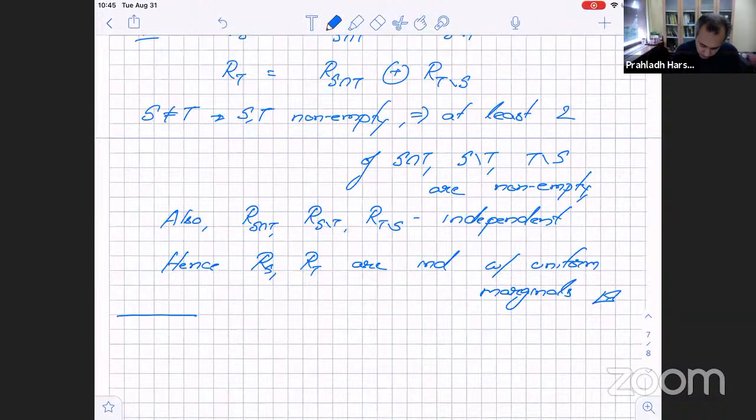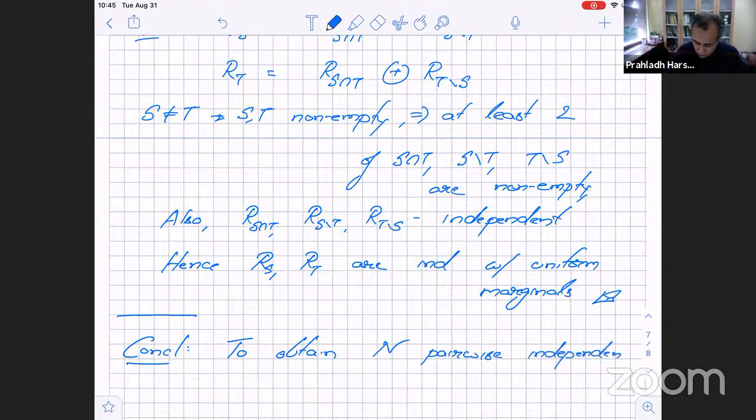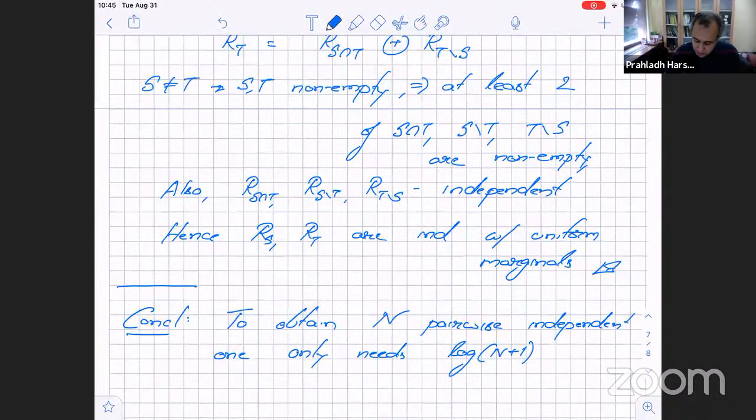In other words, the conclusion is that to obtain n pairwise independent coins, one only needs log of n plus 1 fully independent coins.